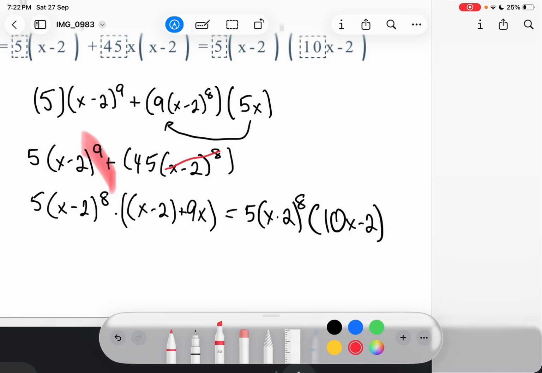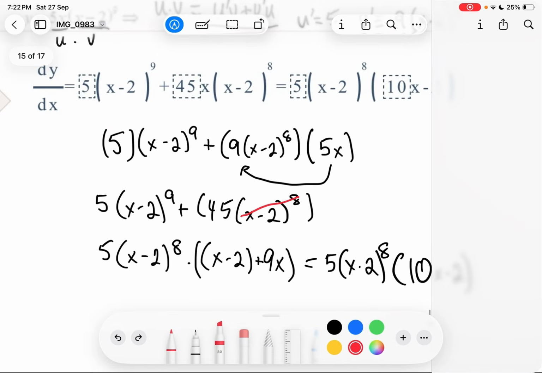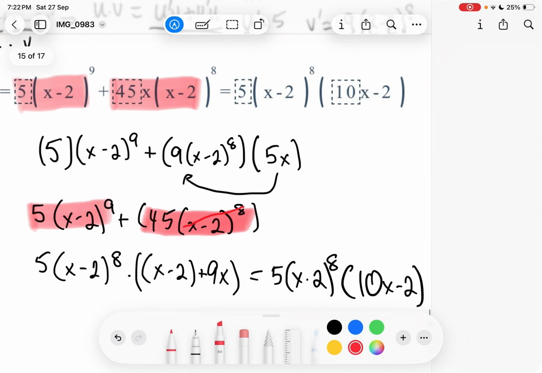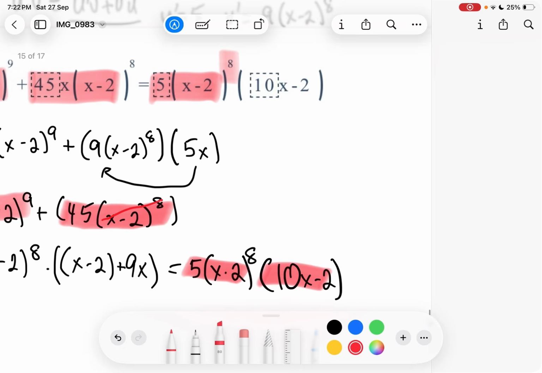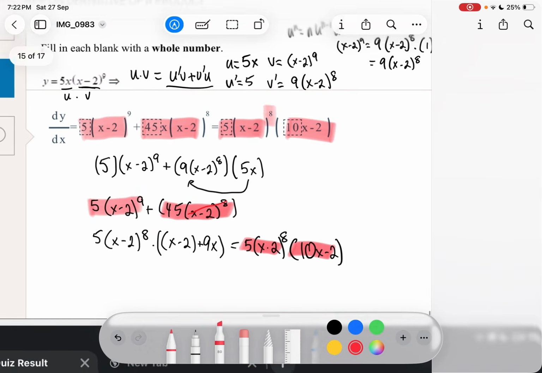So here you could see you got this at the start, plus 45x(x - 2) to the power of 8, and then you got it equal as this times this, and that's your answer.